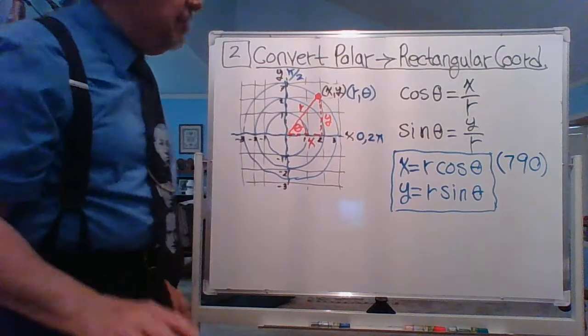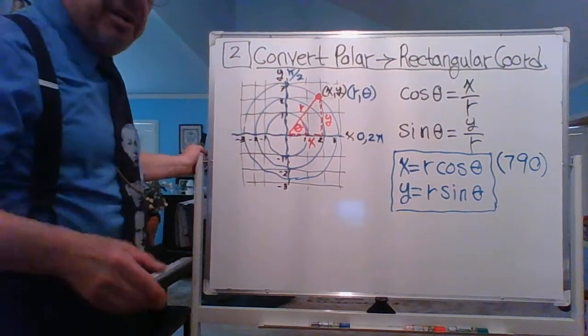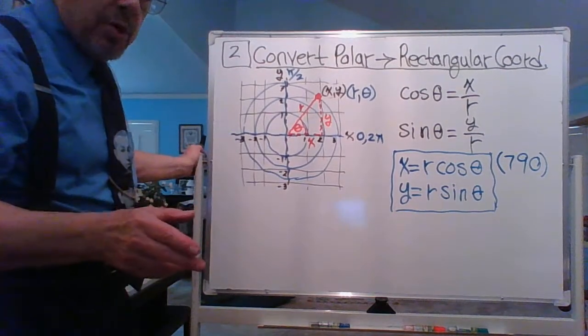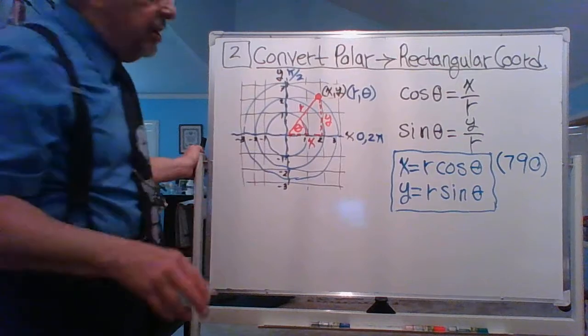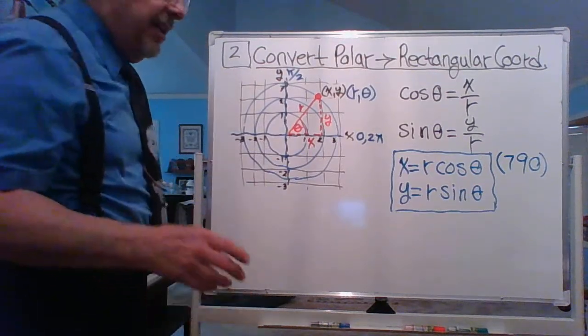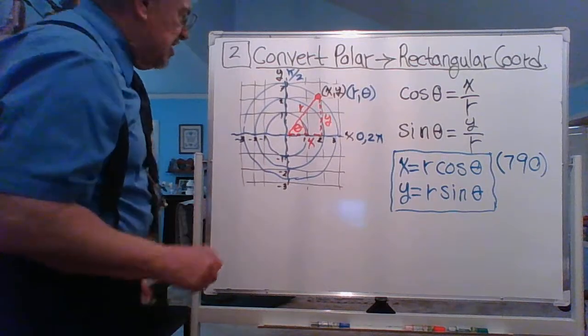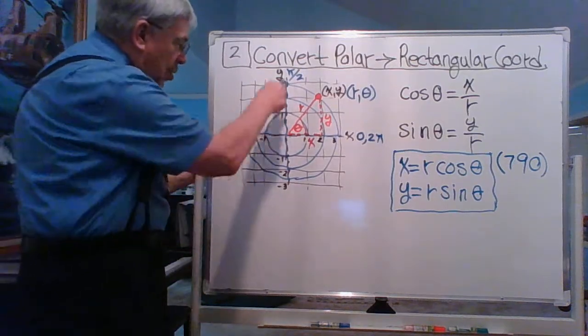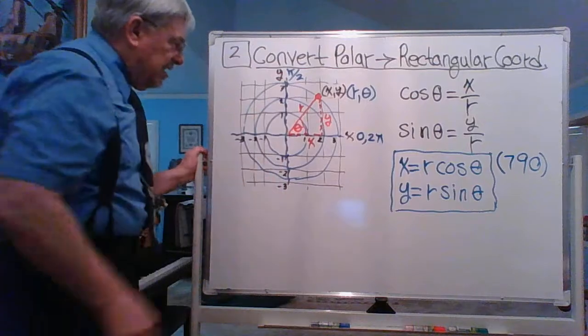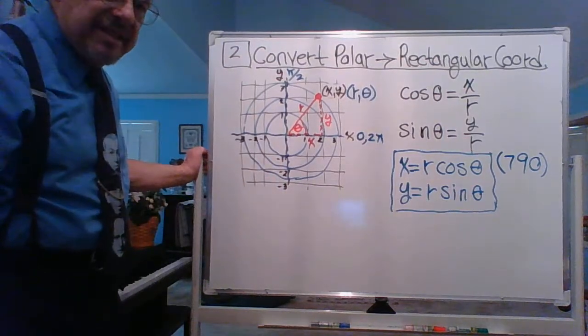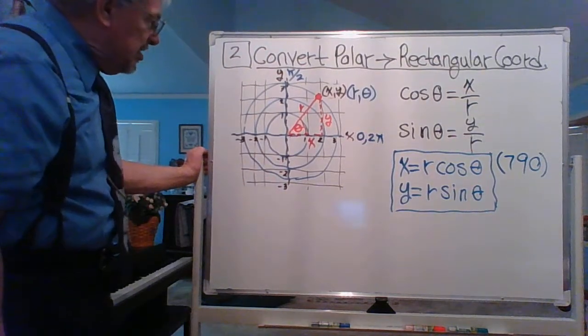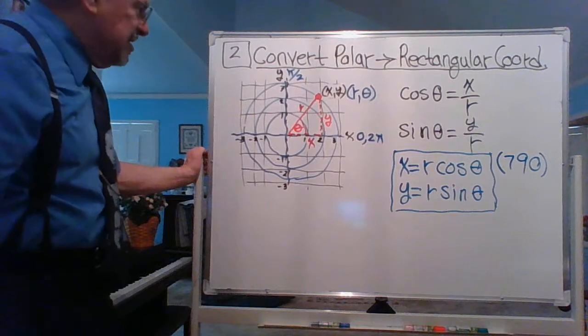So for objective 2 now, we're going to look at converting polar to rectangular coordinate systems. So we want to be able to convert between the two systems. And here's where our trigonometry comes into play. So here I have a rectangular coordinate system overlaid on top of a polar coordinate system. The polar coordinate system is in blue, the rectangular coordinate system is in black.